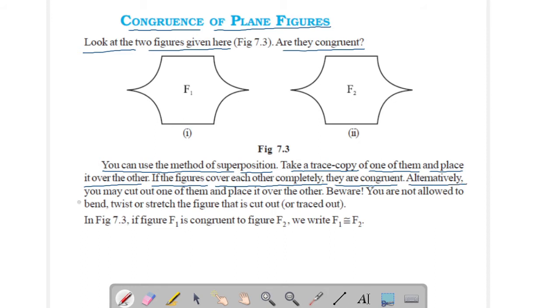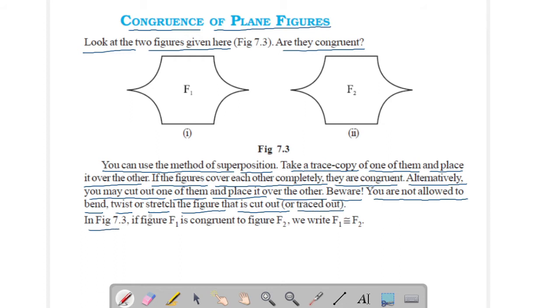Alternatively, you may cut out one of them and place it over the other. Beware, you are not allowed to bend, twist, or stretch the figure that is cut out or traced.